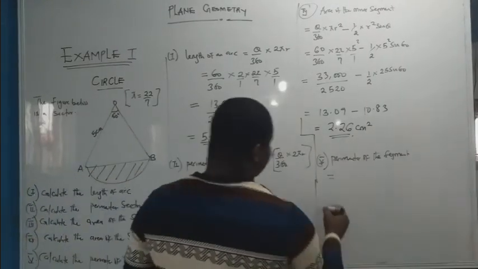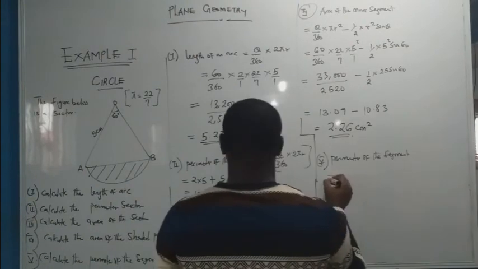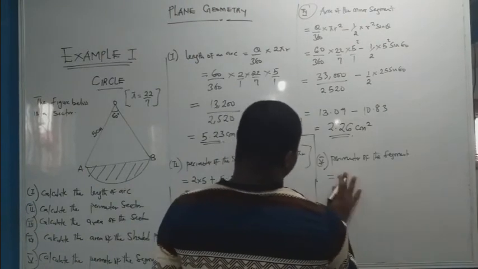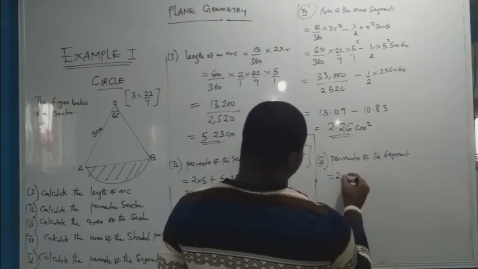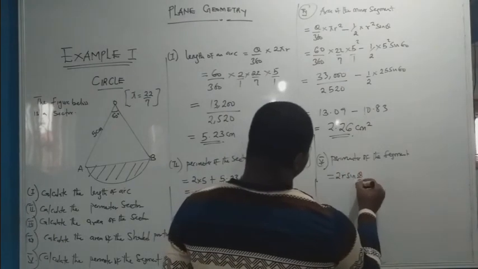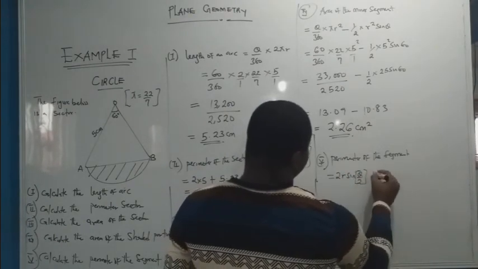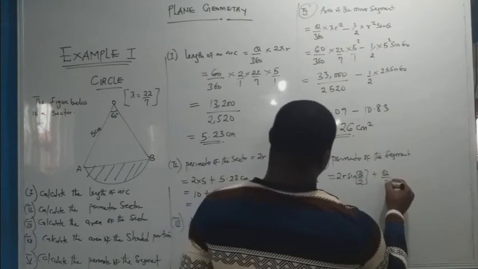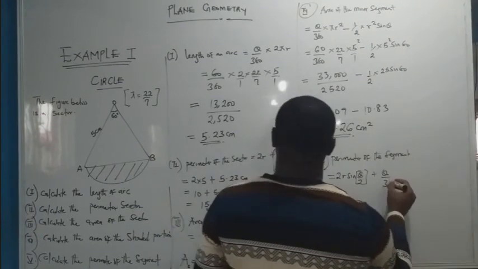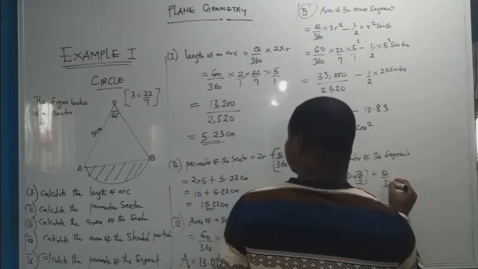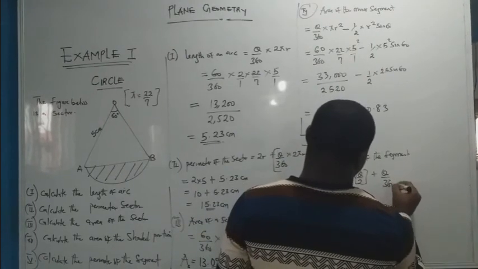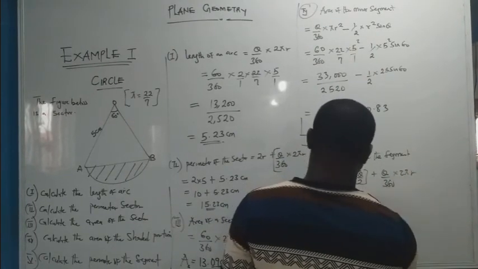Is that clear? Alright, so what's the length of the chord? That's 2r sine theta over 2, plus the length of an arc, theta over 360 times 2 pi r.